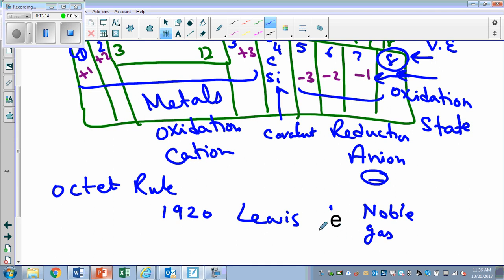Okay, so the octet rule is 4 pairs of valence electrons arranged around the atom. So any atom that you have has 4 pairs: 1 pair, 2 pair, 3 pair, and 4 pair. Every element here is trying to have 4 pairs around the atom. That's called the octet rule.